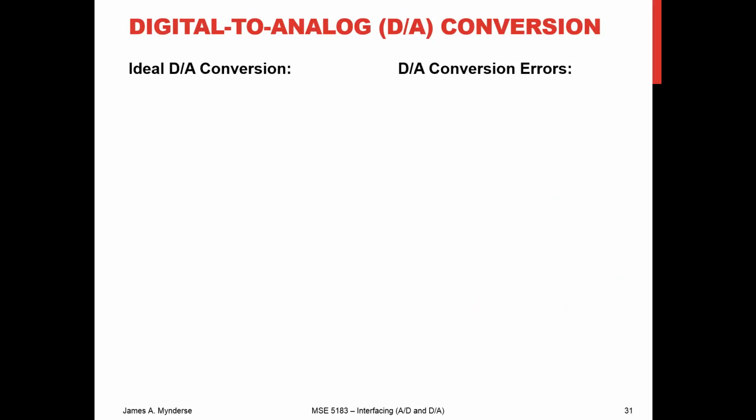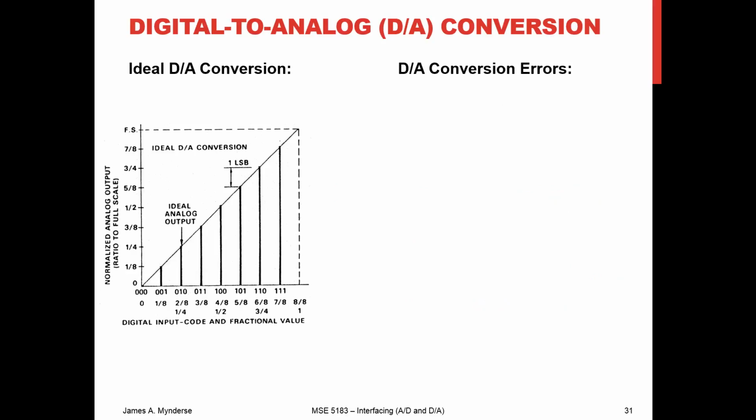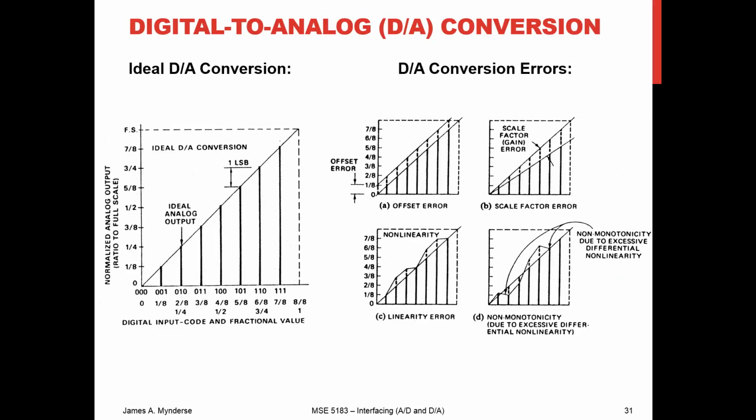So if everything goes perfectly, we're going to get this ideal conversion. And the ideal conversion is going to look like this. Oops, I stepped too far there. We've got just a line at 45 degrees that connects our digital input code. So our code goes 000, 001, 010, 011, and so forth. And these are increasing codes.